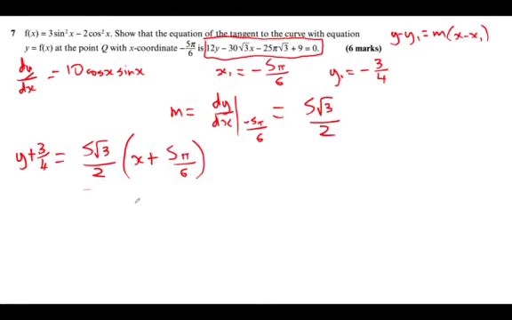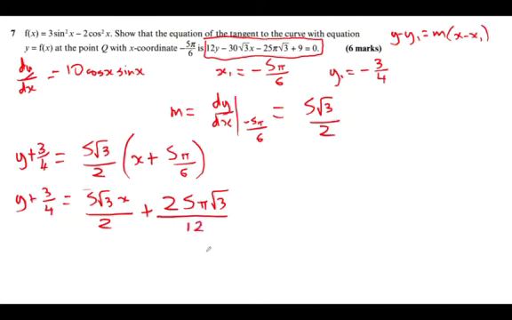So let's start by expanding everything out. I get y plus 3 over 4 equals 5√3 x over 2 plus 25 pi times √3 over 12. Okay, so I'm starting to get somewhere. I've got this 25 pi √3, which I can see up here.